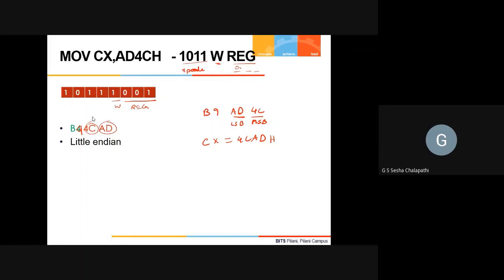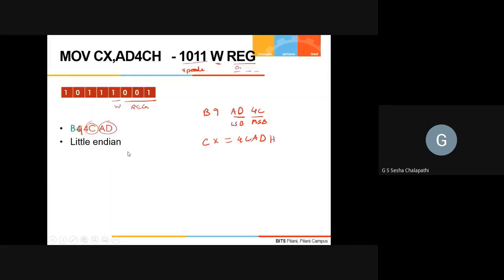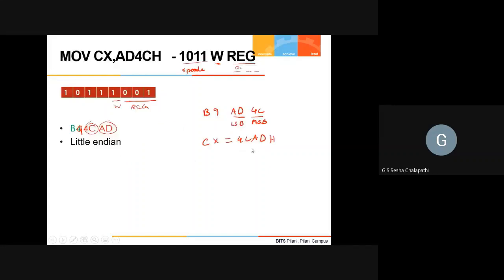The point is that if you put AD4CH, it will interpret AD as the least significant byte and 4C as the most significant byte. And when it actually executes this particular instruction, it will write CX as 4CADH and not AD4CH. It will interpret it the other way around, right? So that's why ordering is very important.